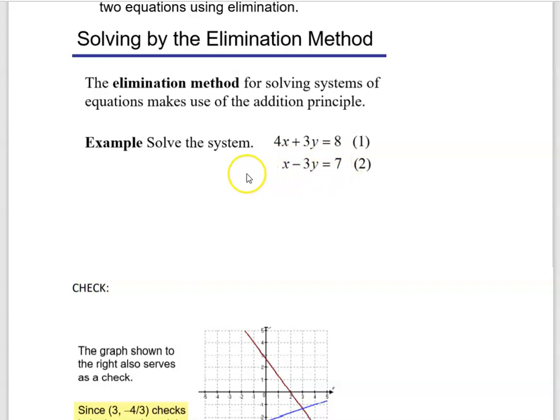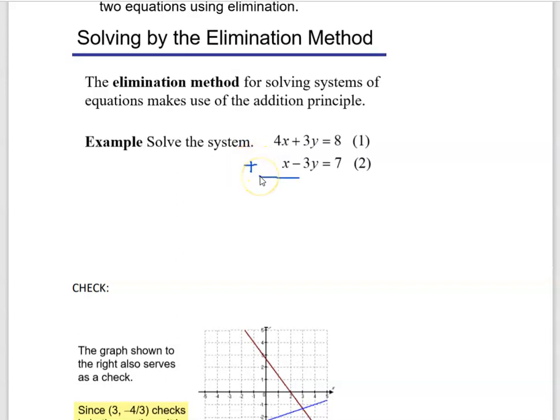And if we want to solve that by elimination, then what we need to do is add the rows together. Let me just show you what's going to happen when we start adding the rows together. 4x plus x turns into 5x. 3y plus a negative 3y, well, that's going to cancel out.